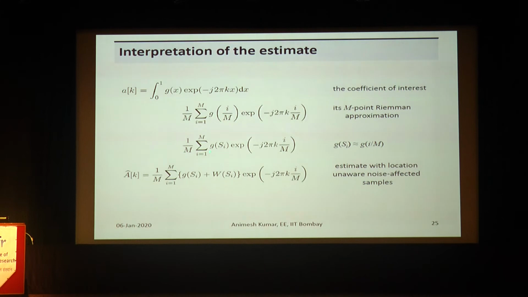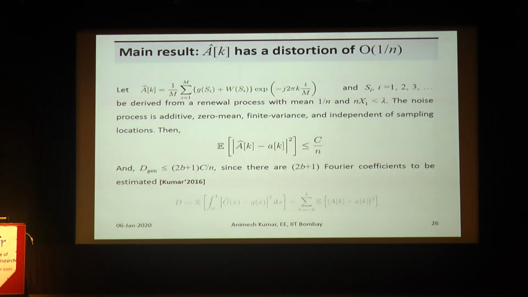This is where we make the key approximation that the ith sample was indeed taken at i by m when it was not. And finally, noise gets added, but we hope that noise will get averaged out because we are anyway taking a weighted average. We do assume that noise is IID, and it's also independent of the renewal process S_i that we began with. All right, so what's the main result that we have?